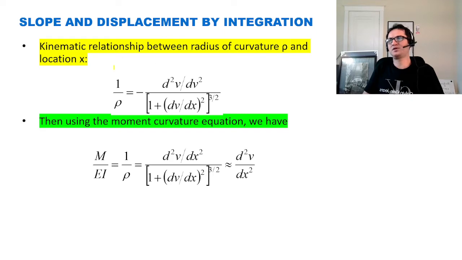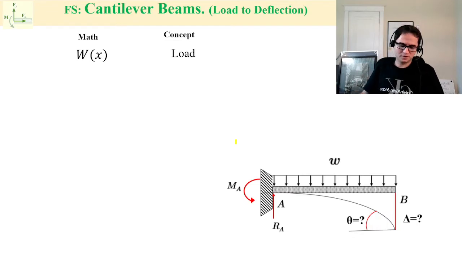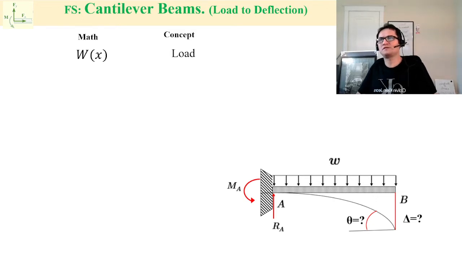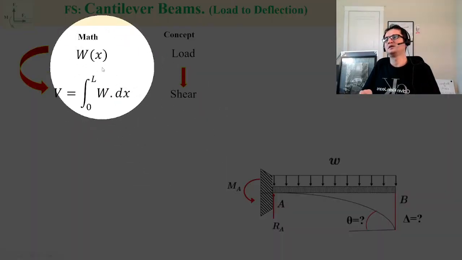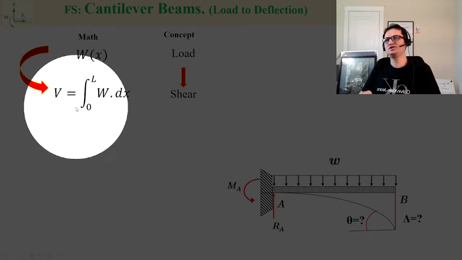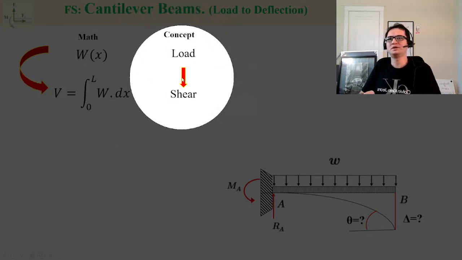Again, we understand that 1/rho is equal to this nonlinear second-order differential equation. By a simplification, we get to this equation. Then what if we have a cantilever beam carrying a uniformly distributed load of w? Integrating the load, wx, gives shear V, which is the area under the load.